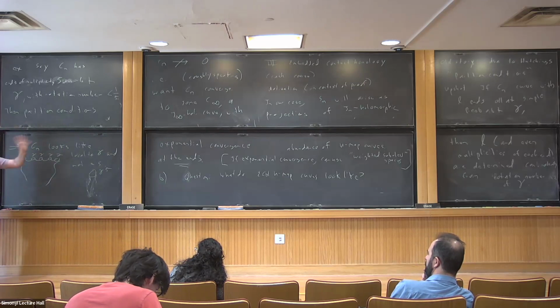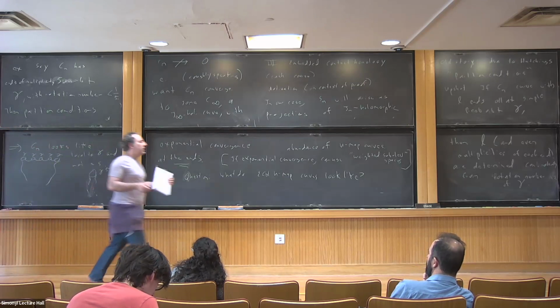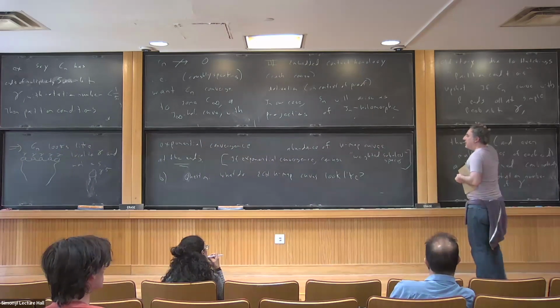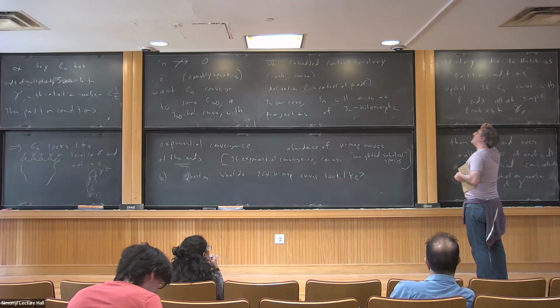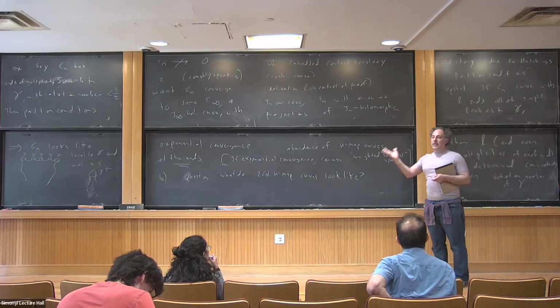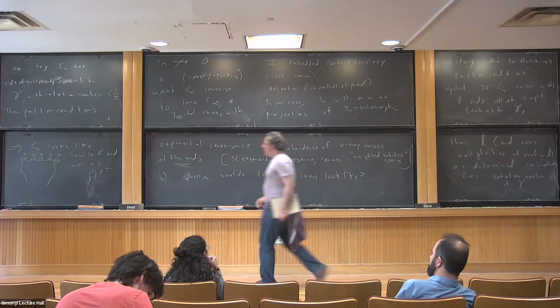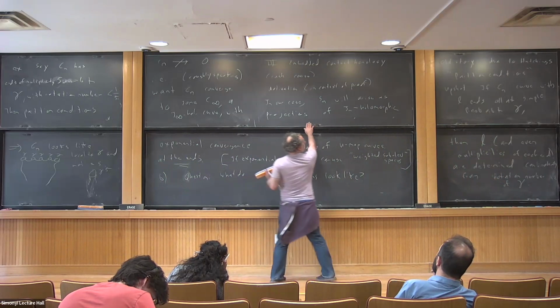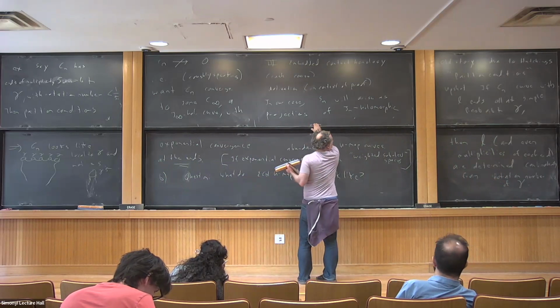And again, I didn't define the rotation number, but it's defined in terms of the linearized flow. Okay, so like I said, on the face of it, these have nothing to do with each other. But the interesting thing is that the rotation number is also related to the speed of exponential convergence.